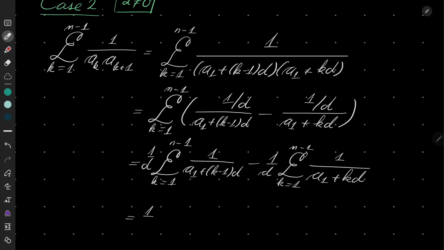In fact, I will move the index of our first sum by 1. So instead of k, let's write k plus 1 everywhere.